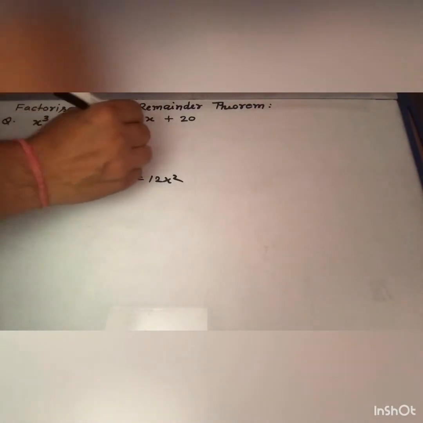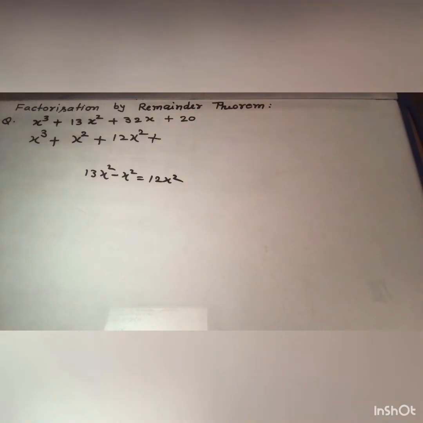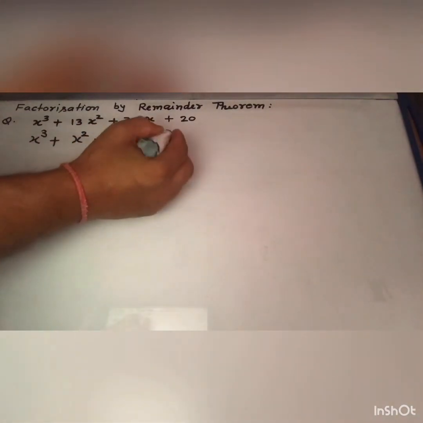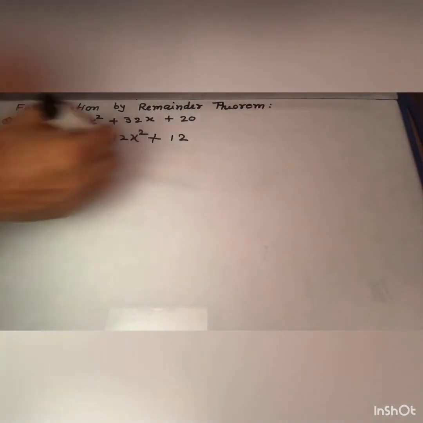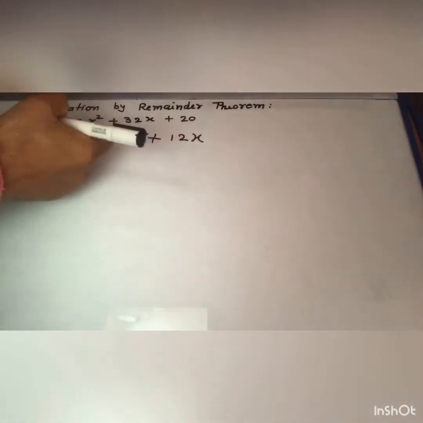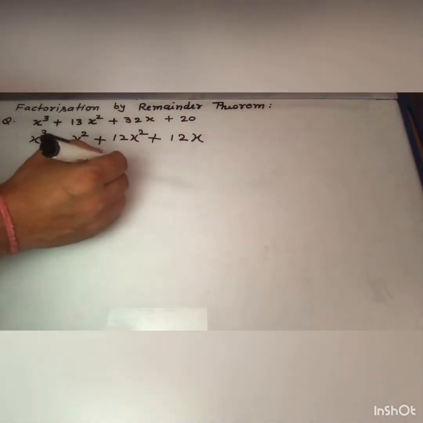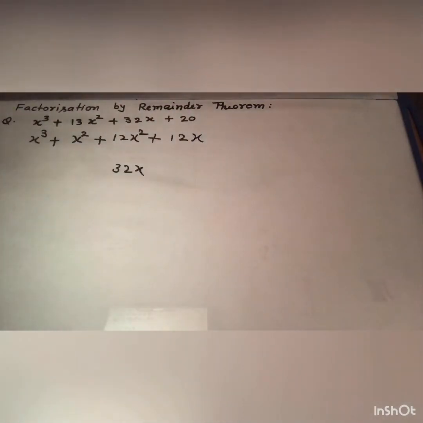Okay. Now you observe the coefficient of this third term. This is 12, so you will write the same coefficient for the next, that is 12, and this term has x, so you write x. Now for the next term, that is 32x, you have already put here 12x.